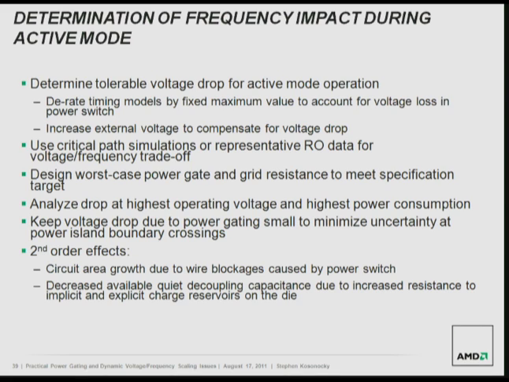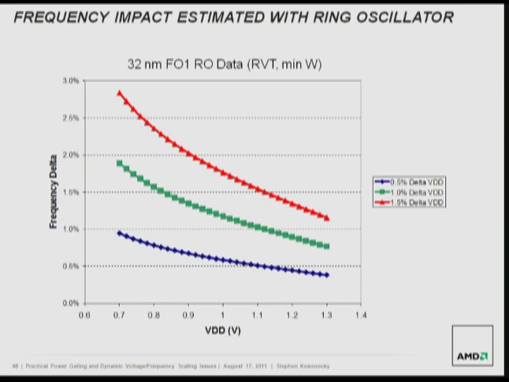And then there are some second order effects: circuit area growth could hurt you, wire blockages by the power FETs, which tend to need a lot of resources to get up into the upper levels of metal, and also decreased availability of quiet decoupling capacitors. When you power something off, you also cut off that capacitance, so that capacitance is not available for decoupling for other blocks that may be running. So that's an issue as well.